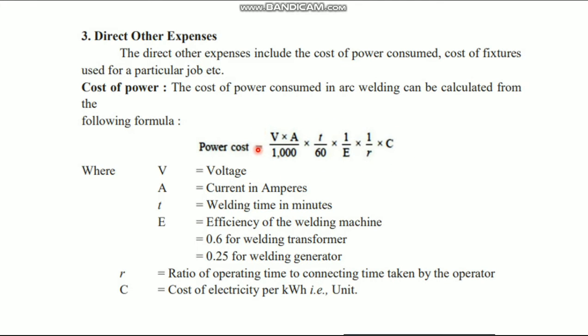V is voltage, A is current in amperes, T is welding time in minutes, E is efficiency of the welding machine, R is ratio of operating time to connecting time taken by the operator, C is cost of electricity per kilowatt hour or per unit.